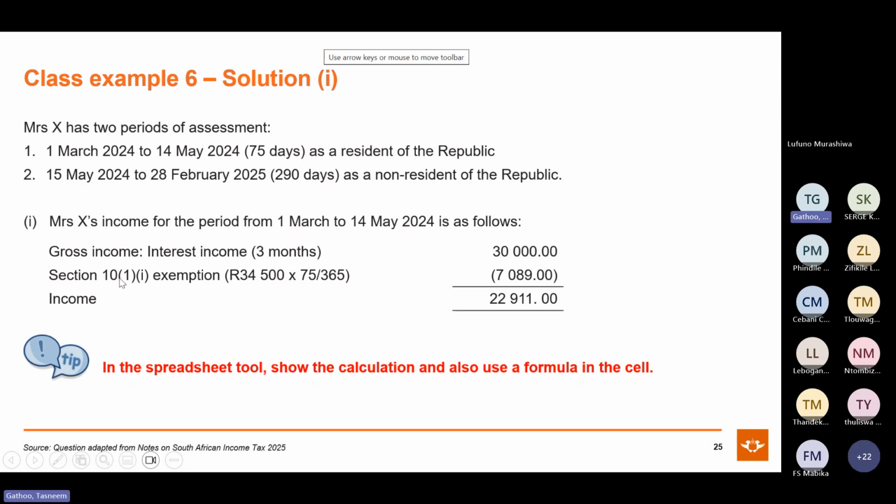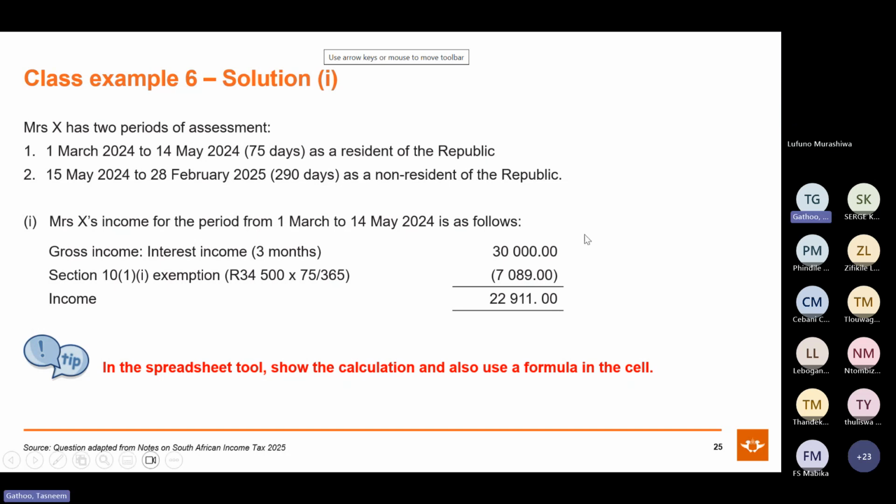So you don't necessarily have to say the section 10(1)(i) exemption. You can just say local interest exemption or interest exemption, and as long as we can follow that, it's fine. I've put the section in here just so that it's easier for you when you're starting out, so you can trace it back to the actual legislation.